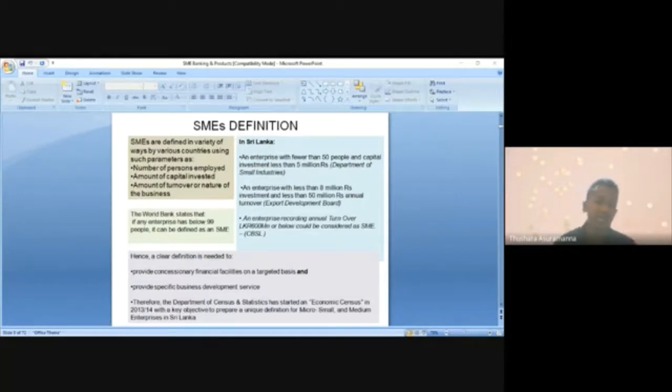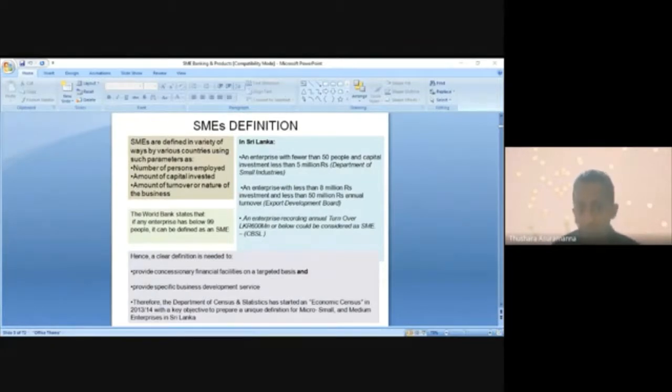Some time back, the Department of Census and Statistics started an exercise defining micro, small and medium enterprises, but from time to time they have come up with new definitions. As of right now, it says 750 million is for SME.